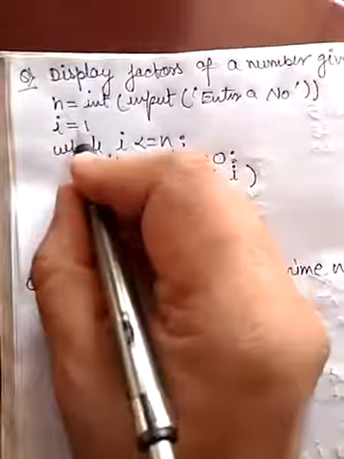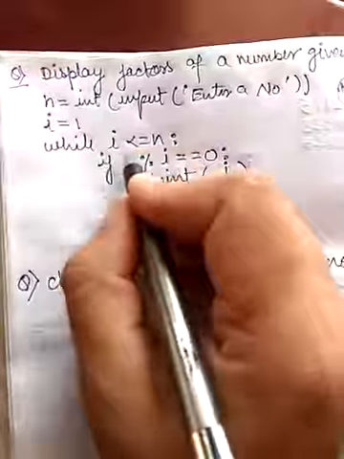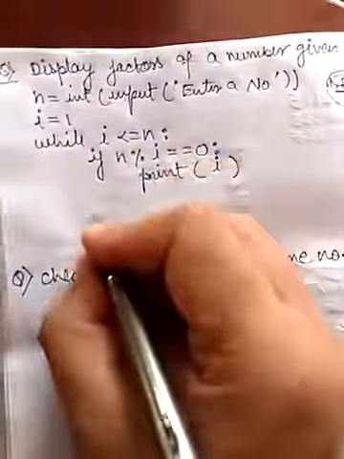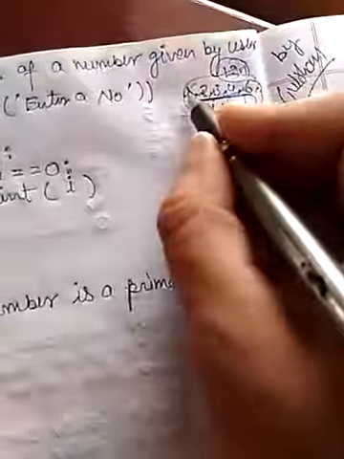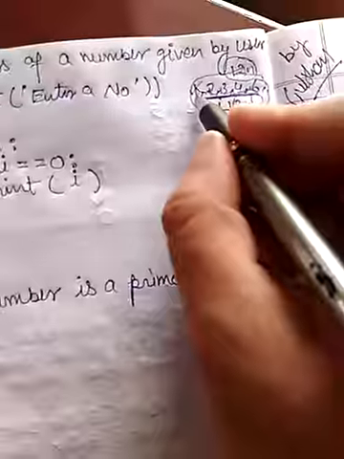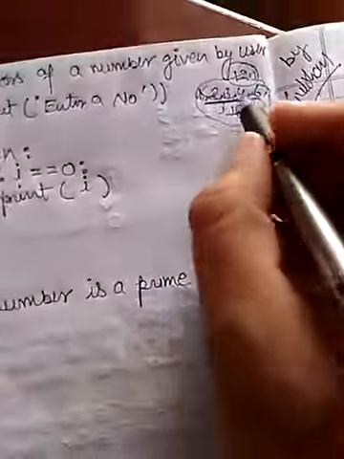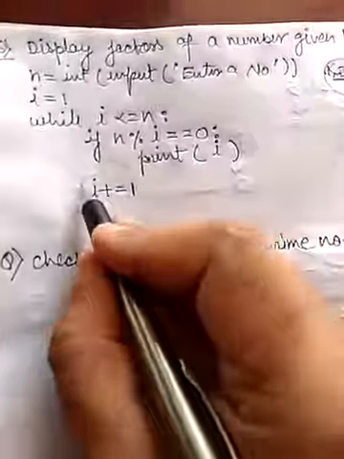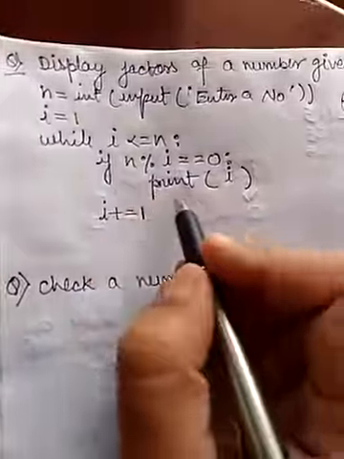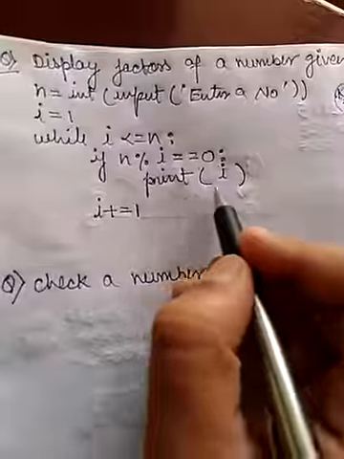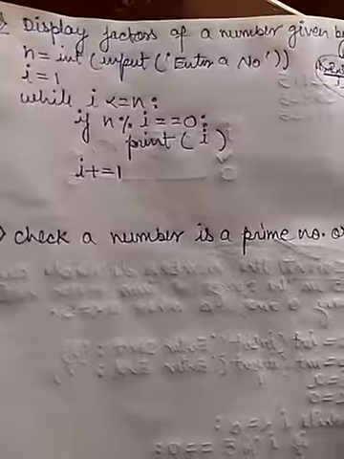Because we have initialized it by 1, this is initialization, this is the condition for the execution of the loop, and now this is the update of the loop index. We are incrementing the loop index by 1, like 1, 2, 3, 4, 5. So in this way it will print all the factors of a given number.